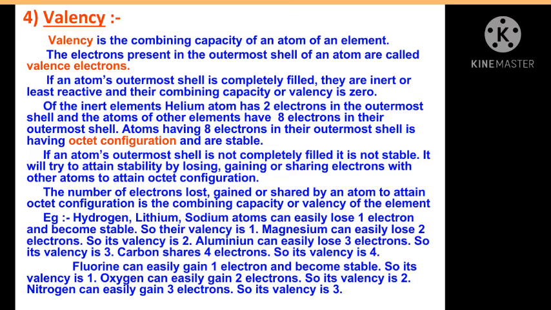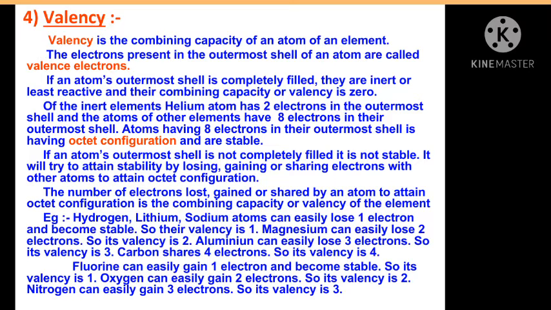Of these inert elements, one is the helium atom. The helium atom has 2 electrons in its outermost shell, and all other inert elements have atoms with 8 electrons in the outermost shell. The combining capacity of the atoms of other elements, that is, their tendency to react and form molecules with atoms of the same or a different element, was thus explained as an attempt to attain a fully filled outermost shell.